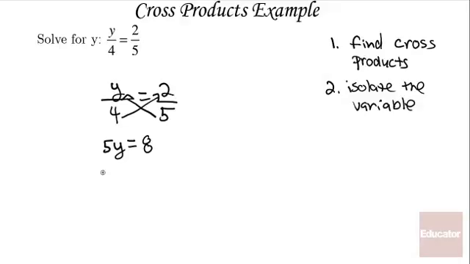So we're going to use the multiplication or division principle and divide both sides by 5. I now have the y isolated on the left, and the answer is y equals 8/5. This is a simple example of using cross products in order to solve a proportion.